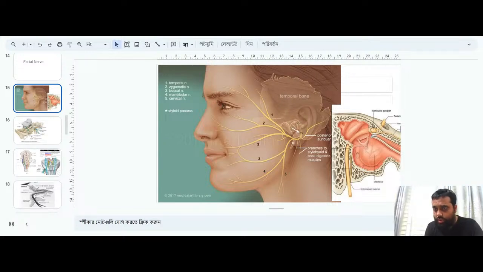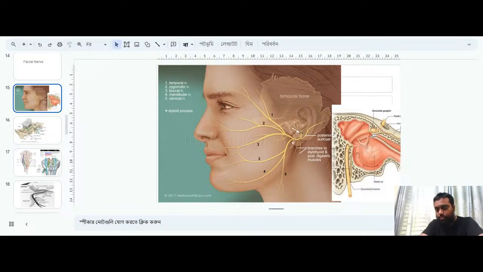Without wrinkle, lower motor type. Why are you tired? Just LMN. This is the lower motor. Why are you typing more words and wasting your time? Just without wrinkle, lower motor, with wrinkle, upper motor.